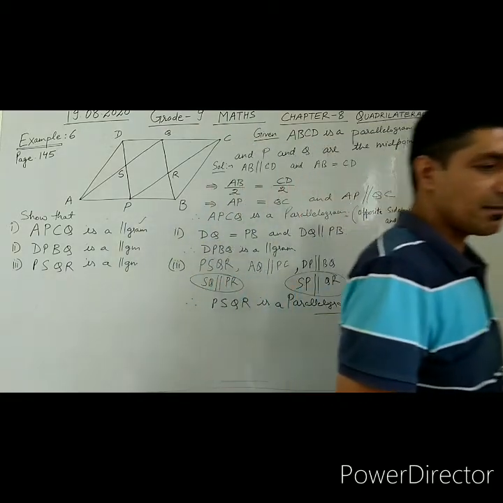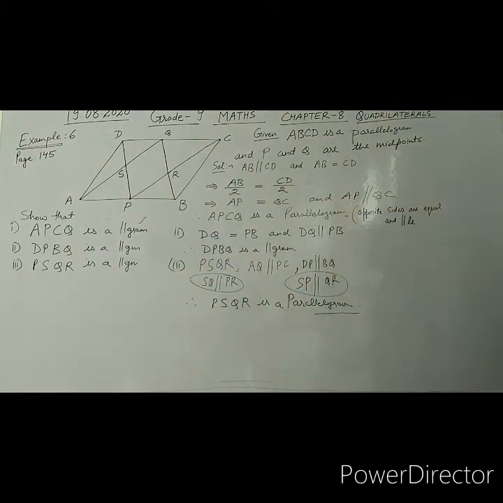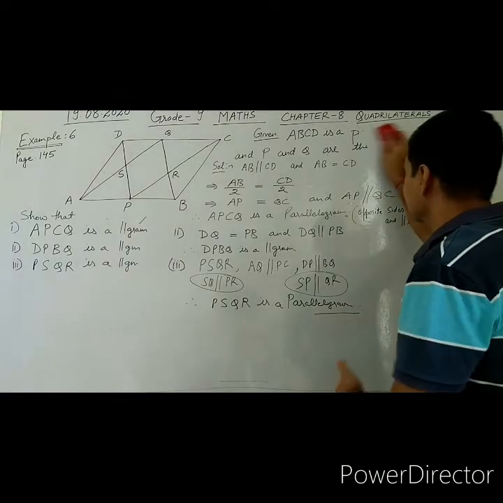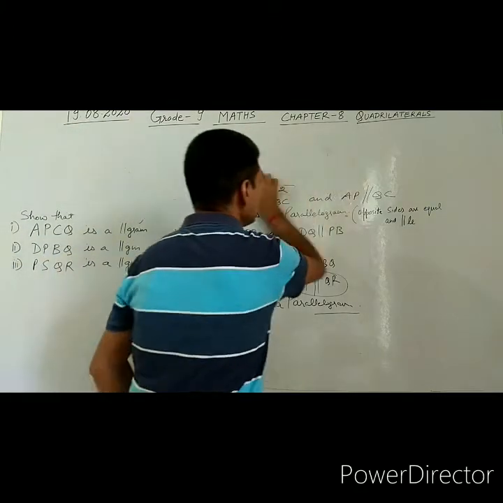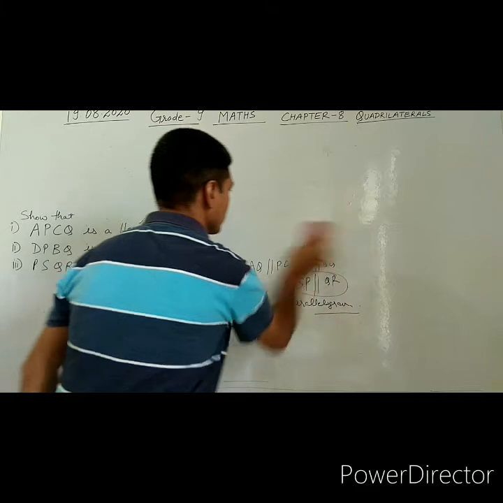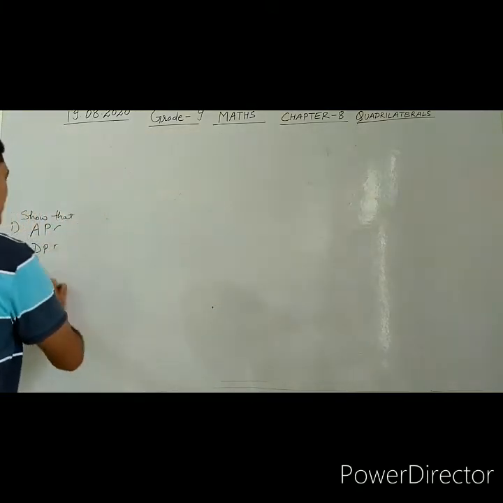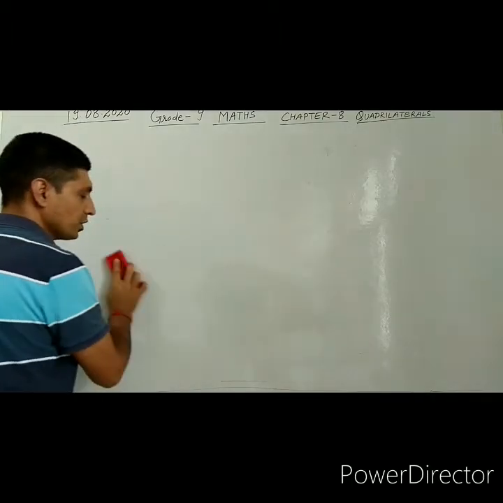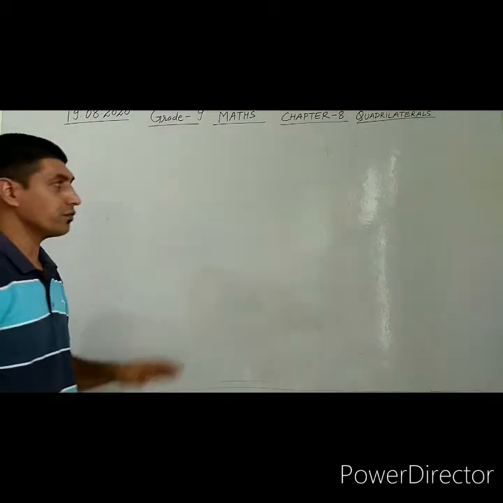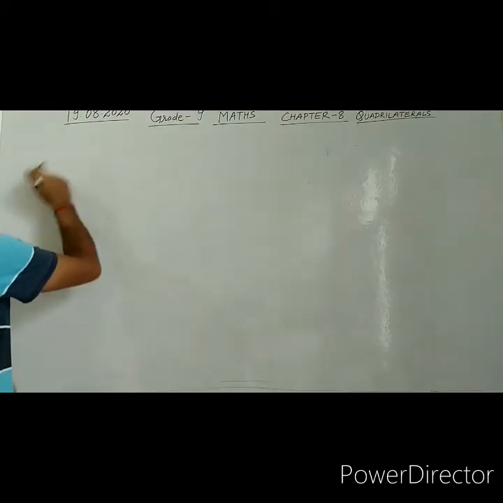So let's start with some of the questions from exercise 8.1. Yesterday we discussed the first question. So today again, let's recapitulate this question. Question 1 says, if the angles of a quadrilateral are in the ratio 3:5:9:13, find all the angles.